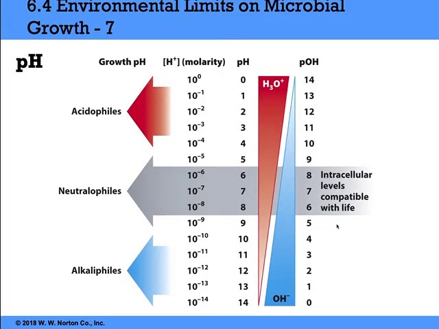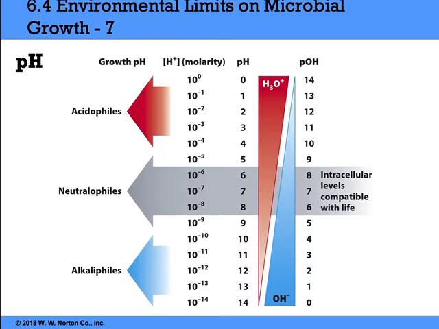Okay, pH is another one. Note that pH and pOH are reciprocal values. We talked earlier about the fact that the law that always holds in water is that pH plus pOH equals 14. And we talked about the fact that you can go from pH to the molarity of protons by just taking the pH and turning that into the negative exponent that you raise 10 to.